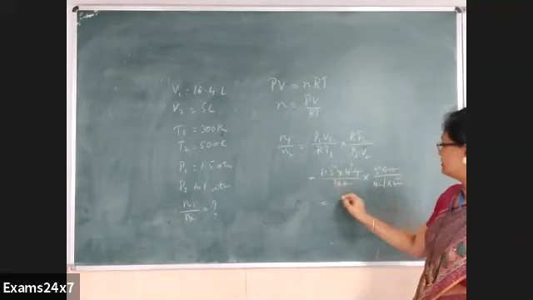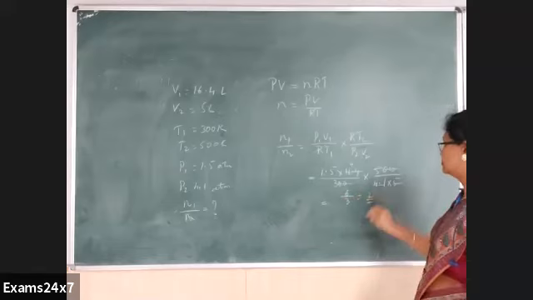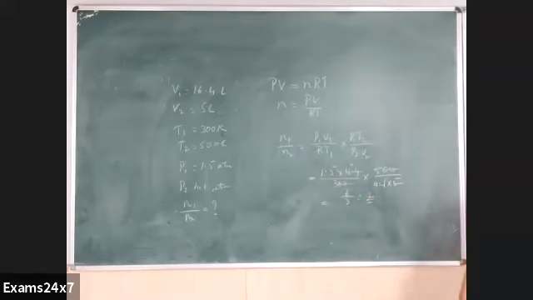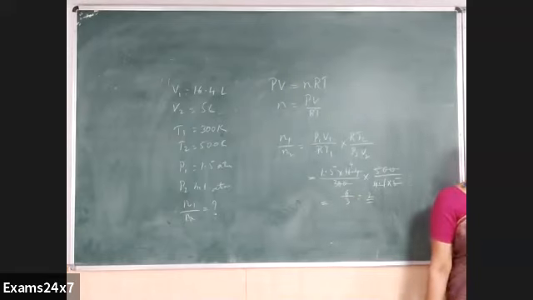This will be 6 by 3. That is 2. Hence, N1 to N2 will be which option? D. Correct?